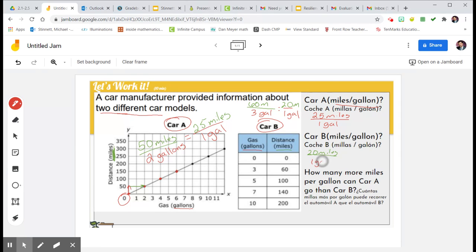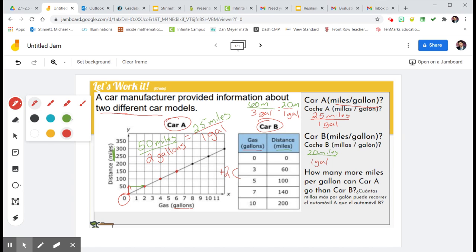But I also want to show you a different way to use this table. The way we can use tables is we could say, well, what are the differences between our independent variable and our dependent variable? Okay, so our gas and our distance. It sounds weird, but guys, you've done it before, and it's super easy. So all we have to do is say, if I go from 3 to 5, how much is that? It increased by 2, right? It just went up by 2, okay?